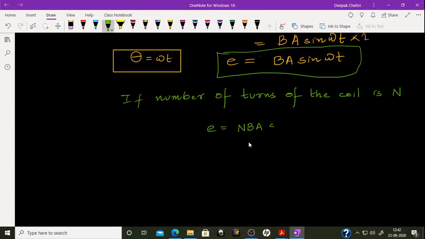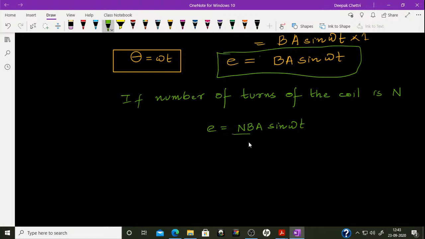NBA sine omega t. So this is the EMF that will be produced in the coil if the number of turns is N, and you put that coil in a magnetic field B, and the area of the coil is A; the EMF produced in the coil because of the rotation is this one.